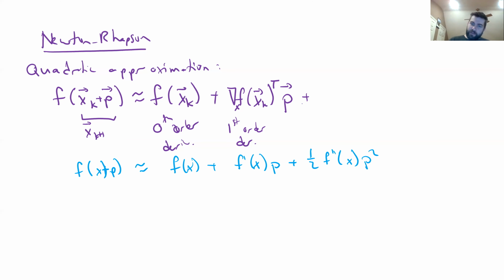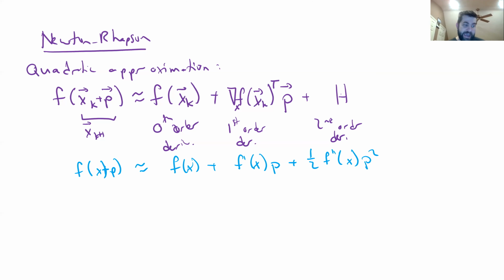Now, what about the next piece? The next piece is a second order derivative. The second order derivative of a scalar function of a vector argument is the set of all of the second partial derivatives. We've already discussed what that object is.